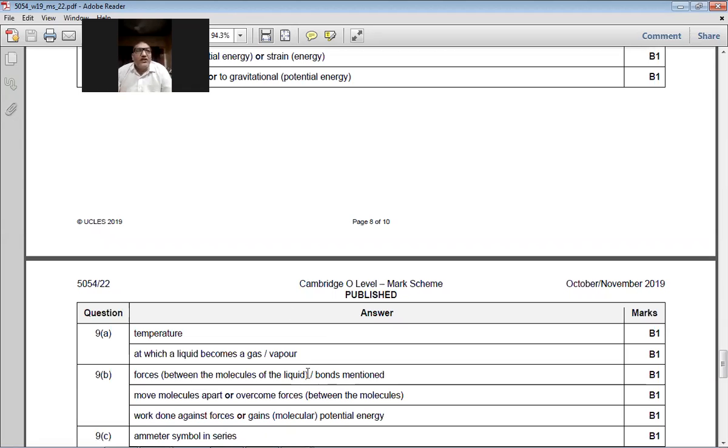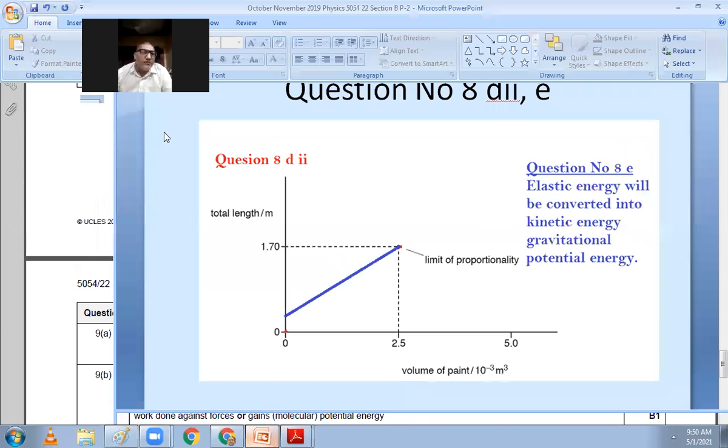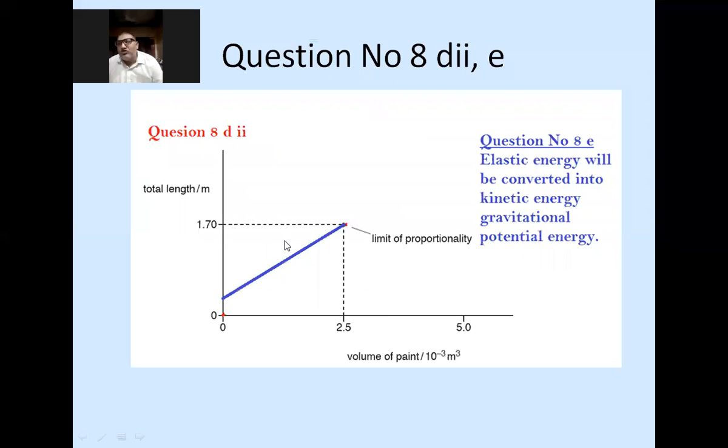This was question number 8, a very important question. And the most important thing was that when we draw this graph between the length and the volume of the paint, when the volume is 0, the length of the rope will not be 0.